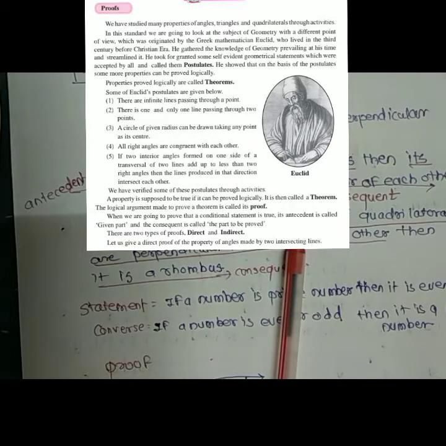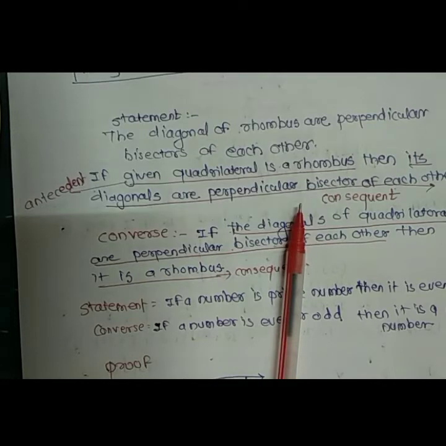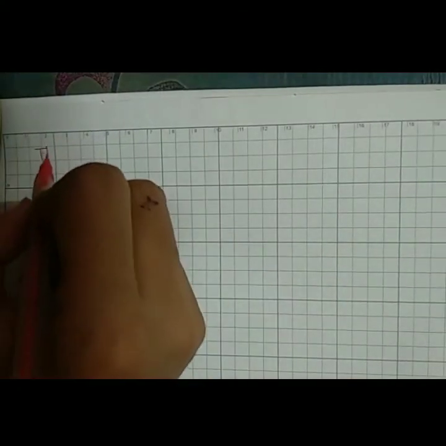There are two types of proofs, direct and indirect. Let us give a direct proof of the property of angles made by two intersecting lines. Let's see the theorem first.